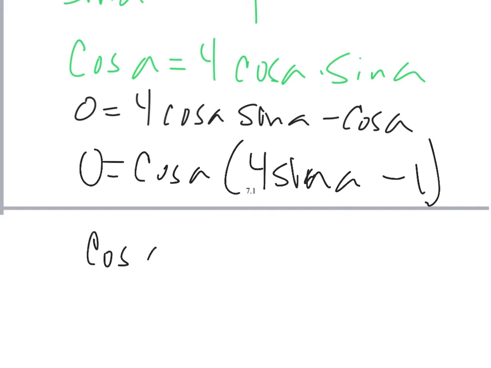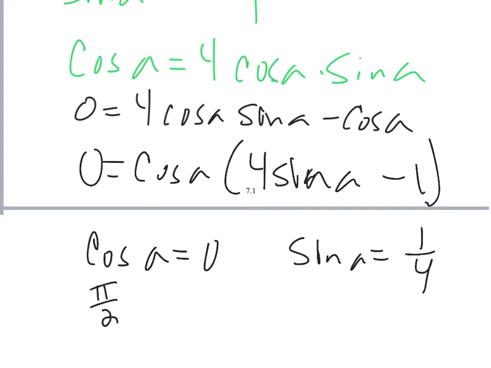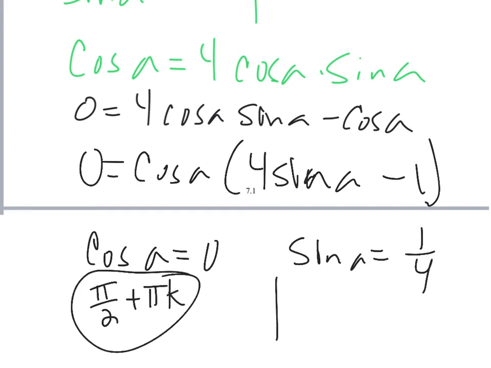So where does the cosine equal 0? Where does the sine of A equal positive 1/4? Well, we know cosine is 0 at pi over 2. And then you go halfway around, you're at 3 pi over 2, so plus pi k. So that's one set of answers. Now this one, sine's positive here in quadrant 1. Sine is positive here over in quadrant 2.